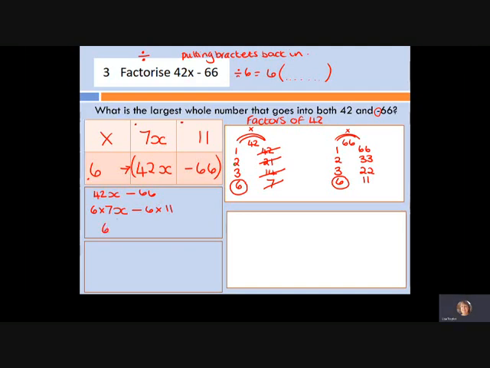And when we put it in the bracket, what we do is divide this by 6, and divide that by 6. There you go. And what we're left with goes inside the brackets. So you might find it easier to do it that way. I know a number of you that I've taught possibly do that process in your head, and that's okay as long as you're getting yourself to the correct answer.